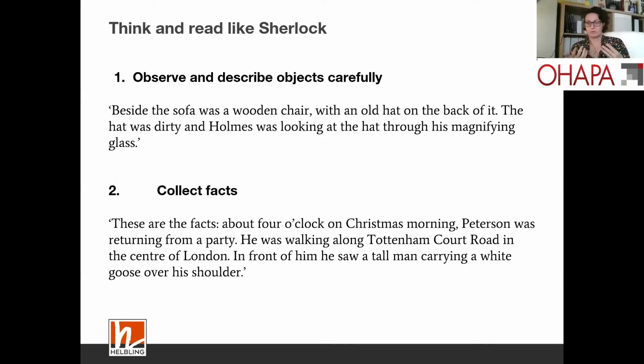The students have to perform at exams and also during their day-to-day life. So they can learn how to observe and describe objects carefully from Sherlock Holmes. There's an example from the text. And they can collect facts. This is really also very important for information literacy. So you can just ask your students to focus on fact collection.